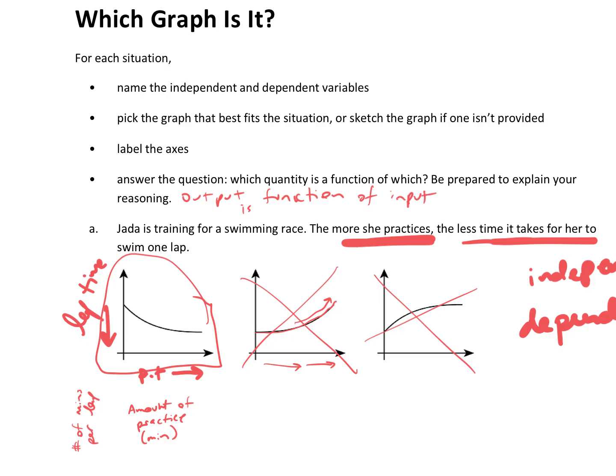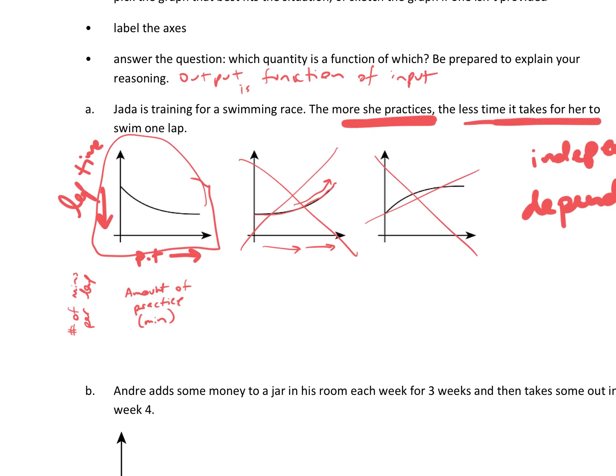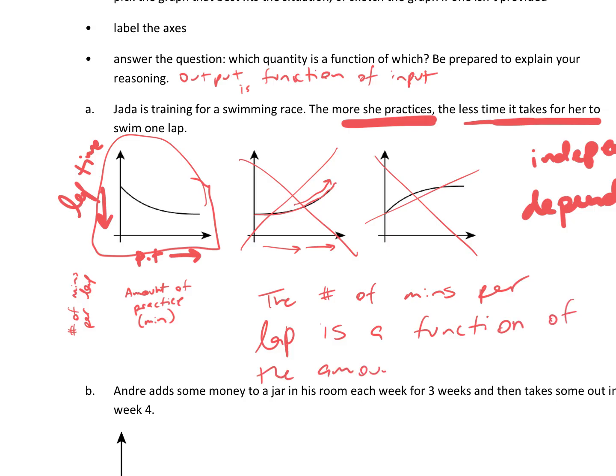And input and independent variable are the same thing, so they do not rely on anything. So in this case, we would say the number of minutes per lap is a function of the amount of practice time.